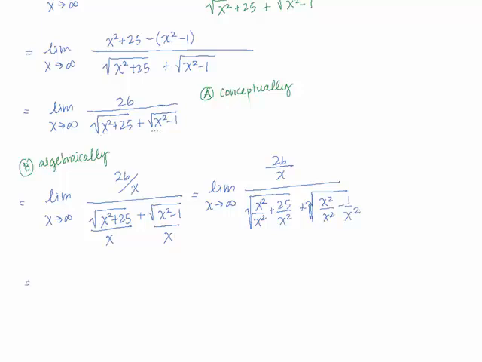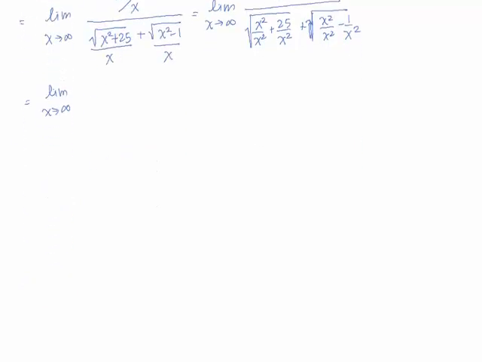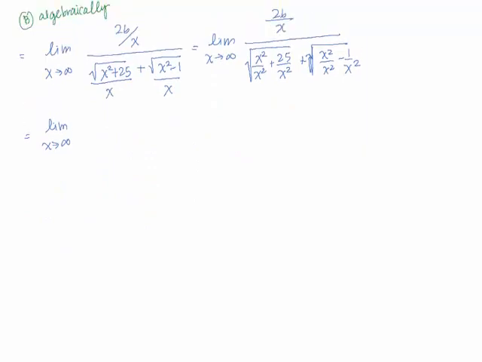Then the simplification is this, the limit as x goes to infinity of 26 over x over the square root of 1 plus 25 over x squared plus the square root of 1 minus 1 over x squared.